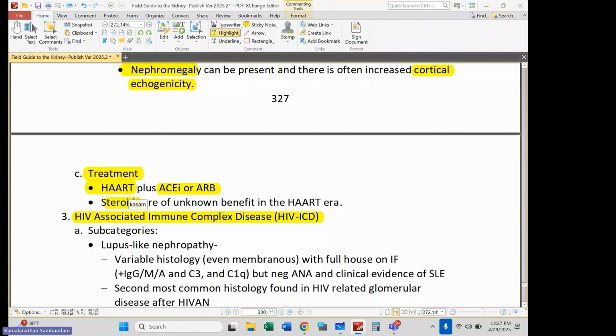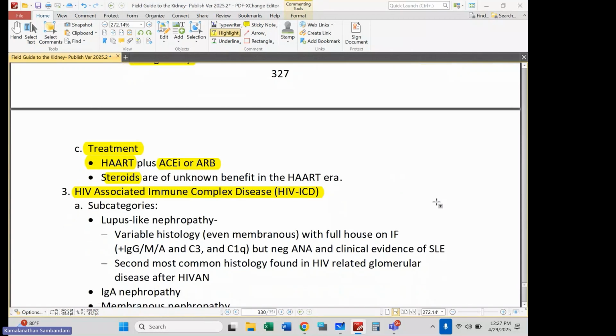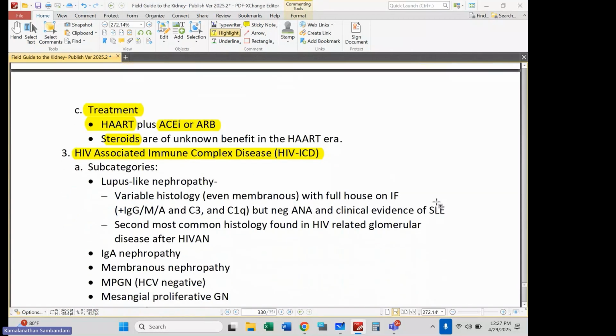We used to be much more enthusiastic with implementing steroid therapy for HIVAN. However, with more potent HAART therapies being available, where you can get suppression of viral replication quite promptly, there's, I would say, in general, less enthusiasm for the concomitant use of steroids with introduction of HAART therapy.